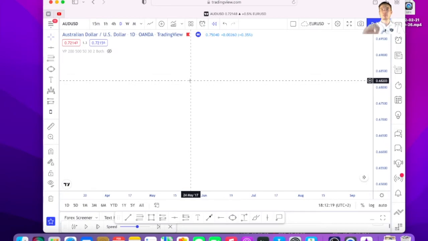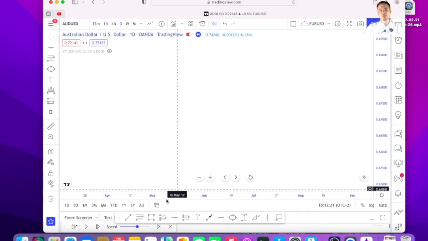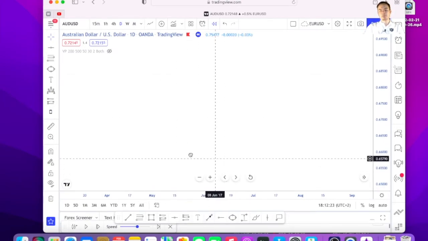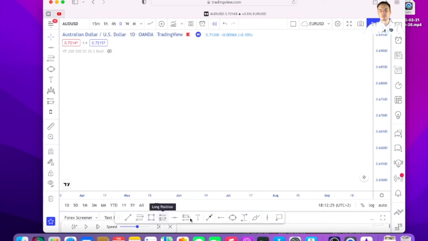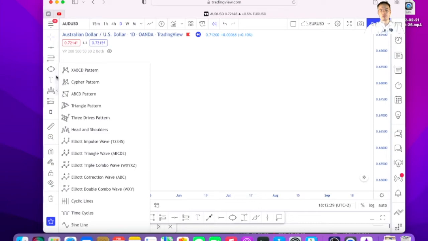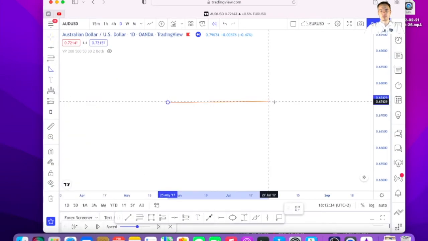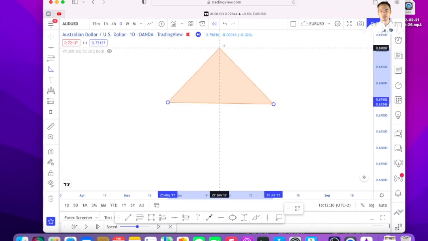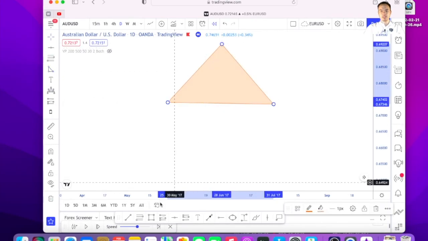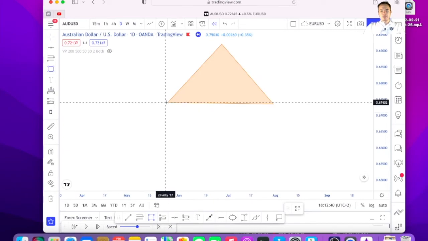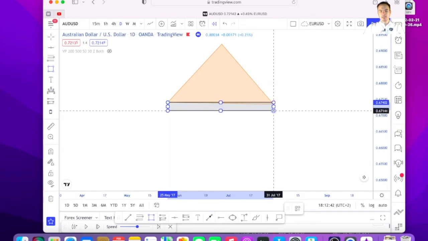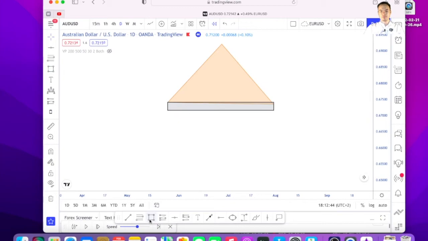Now, an easy way to remember support and resistance is picture a house. Okay, so I'm going to put a roof. Here's my roof. This is my ceiling, and this is my walls.